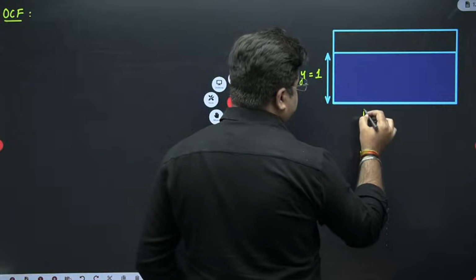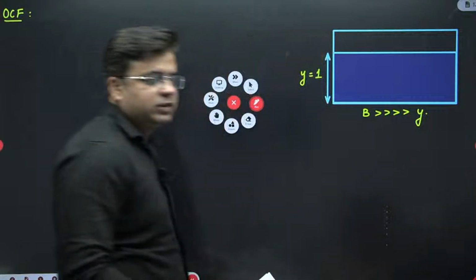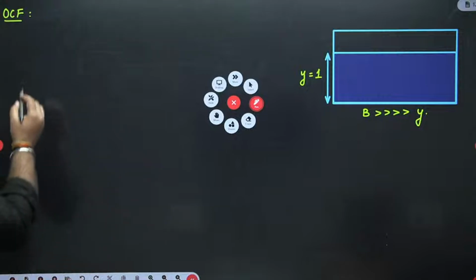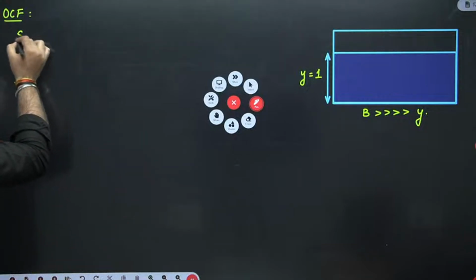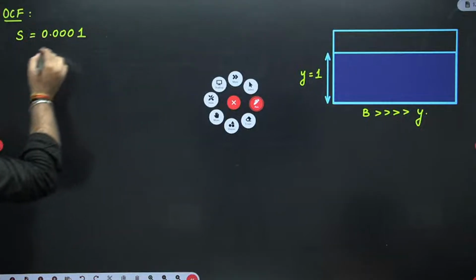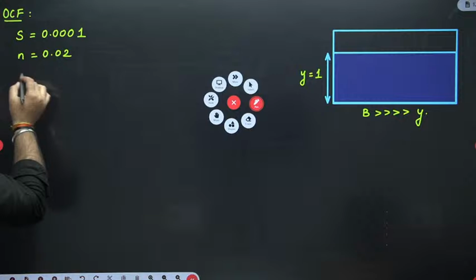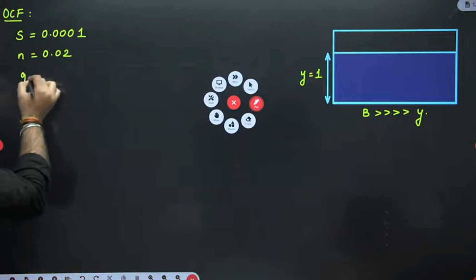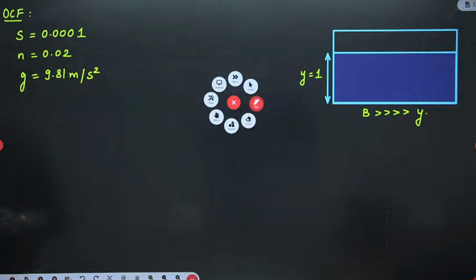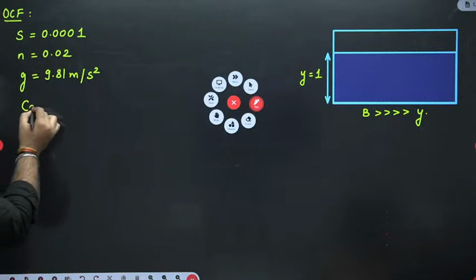It's a wide rectangular channel, means the width of the channel is way more than its depth of flow. The bed slope is given as 0.0001. Manning's roughness coefficient is 0.02 and g is 9.81 meter per second square. You are asked to calculate the critical depth.